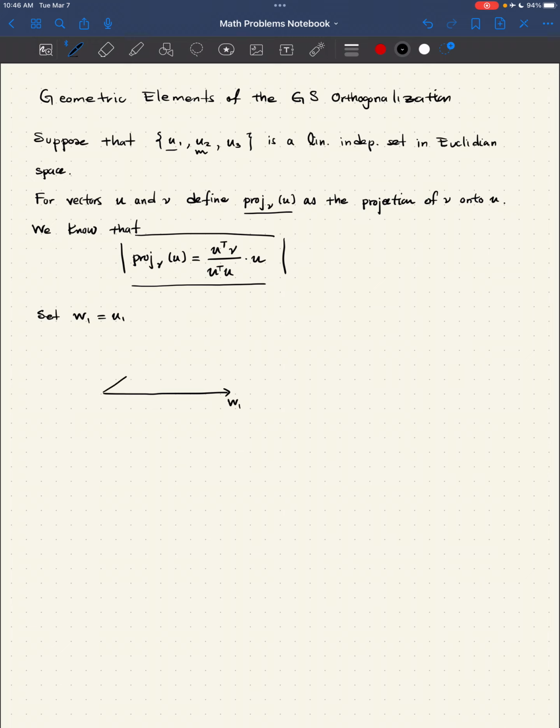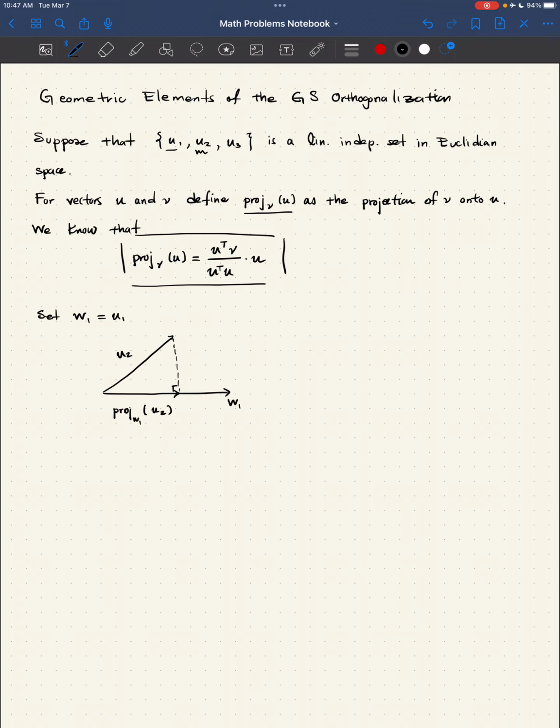To do that, geometrically, it looks like this. I have U2 here, then I form the projection. The height of this triangle is at a 90-degree angle with respect to the projection, which I'm going to denote here. This would be the projection of the vector U2 onto W1.